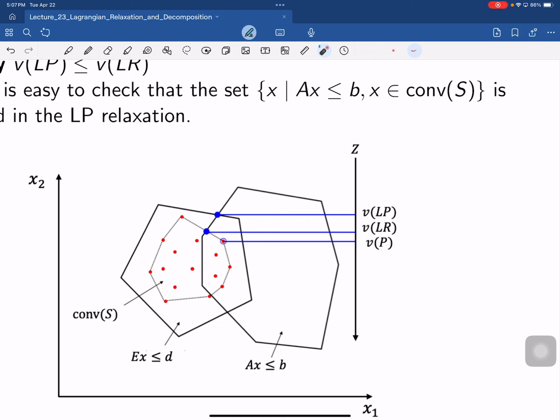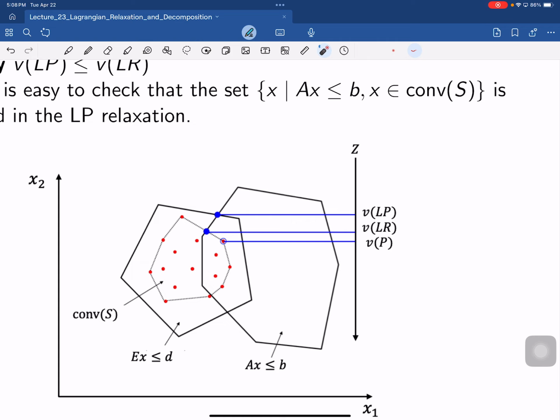If you find an extreme point on this shape, it's integral, it satisfies the integrality constraints. But this shape is cut by the constraint you did dualize. If you consider their intersection, this region, the new extreme points you created by intersecting with the complicating constraint may not satisfy the integrality constraints anymore.